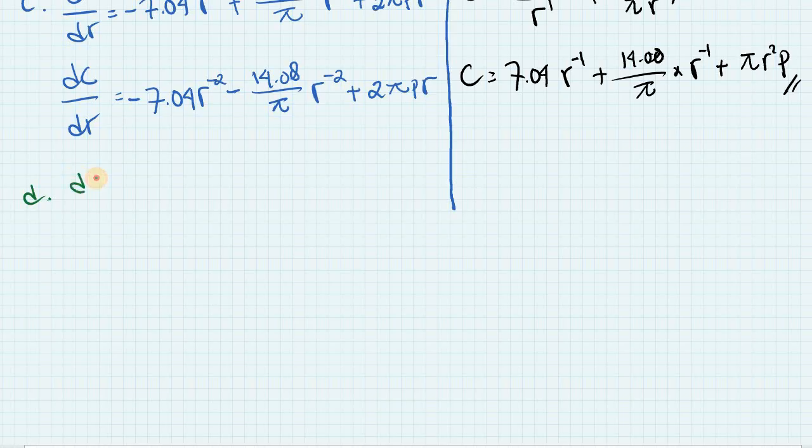We know dc over dr is equal to 0 when r equals 0.7. So what's the value of p? Let's input what we know here, yeah?